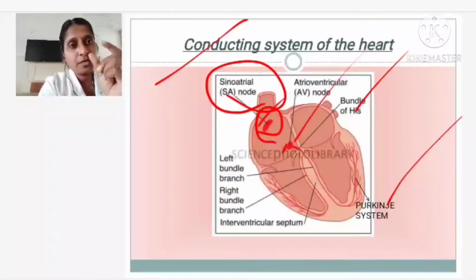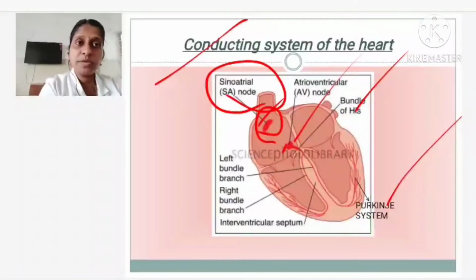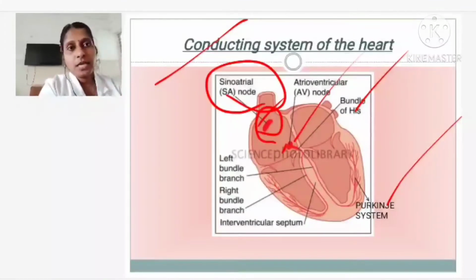The artificial pacemaker. That is a battery-like thing which is loaded, and it releases some charges, because of which the process carried out by the nodal tissues is carried out by the artificial device. So that is the role of the pacemaker.